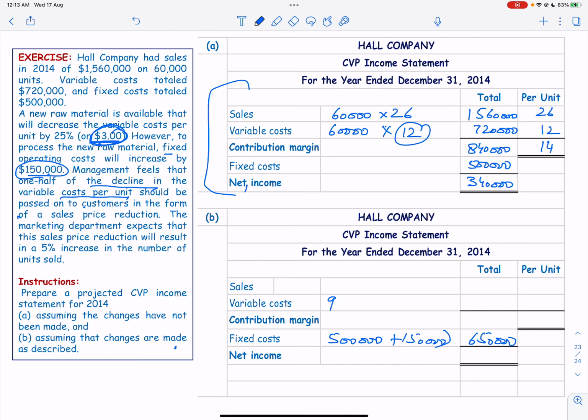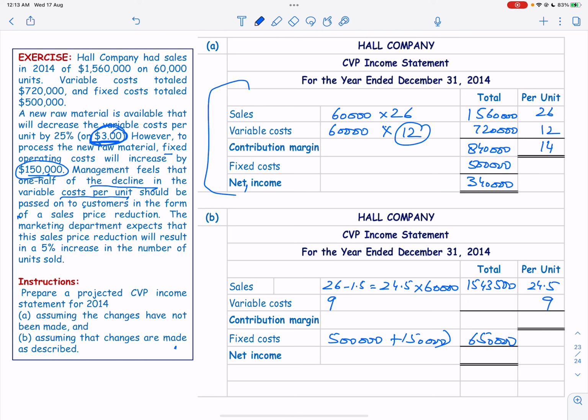Before, the selling price was 26 and this will be reduced by 1.5, so that is equal to 24.5 times 60,000. The sales is 1,543,500, and per unit it is going to be 24.5.